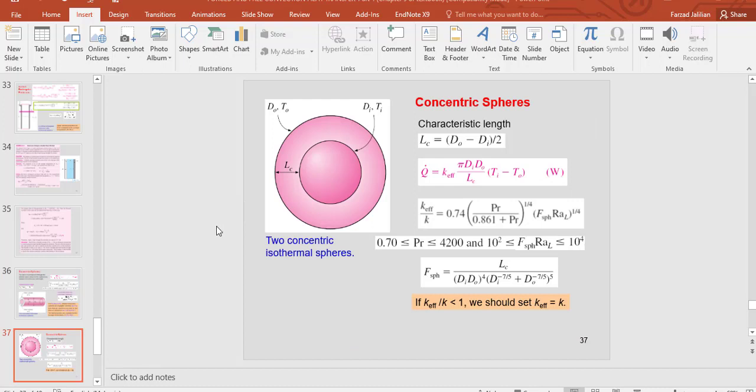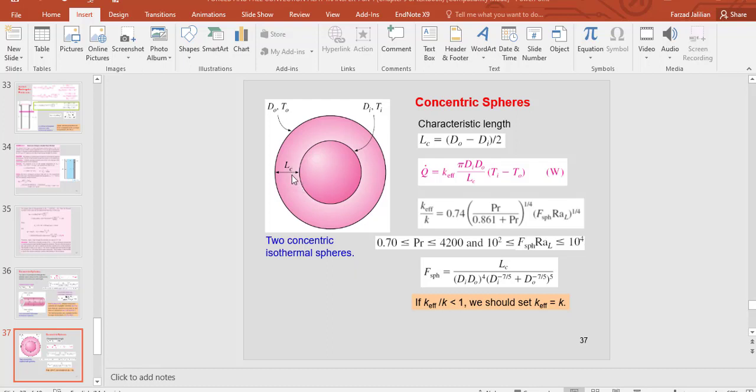And also for concentric spheres, again we have a similar equation to find the rate of heat transfer by natural convection. As you can see here, it is dependent. This is two concentric isothermal spheres with different diameters, Di for the inner one and Do for the outer one, and their surface temperature, which is isothermal surfaces, will be Ti and To.